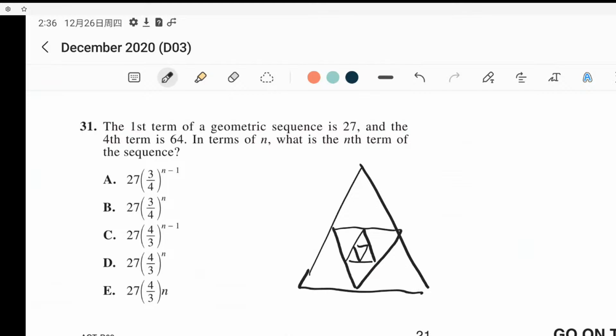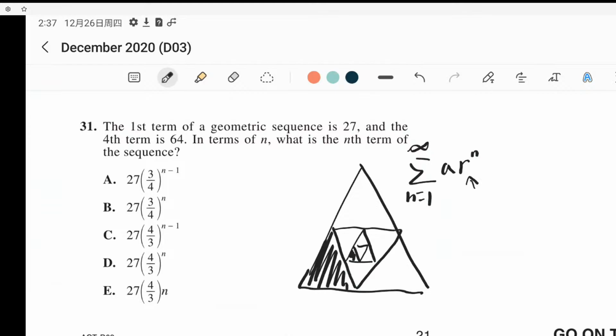Ultimately, this is a geometric series. If we fill the bottom of every triangle like this, it would ultimately approach a number. So by this, we can have the theorem that the sum of a geometric sequence, as n equals 1 approaching infinity, of a number times r to the nth power, where r is the common ratio.